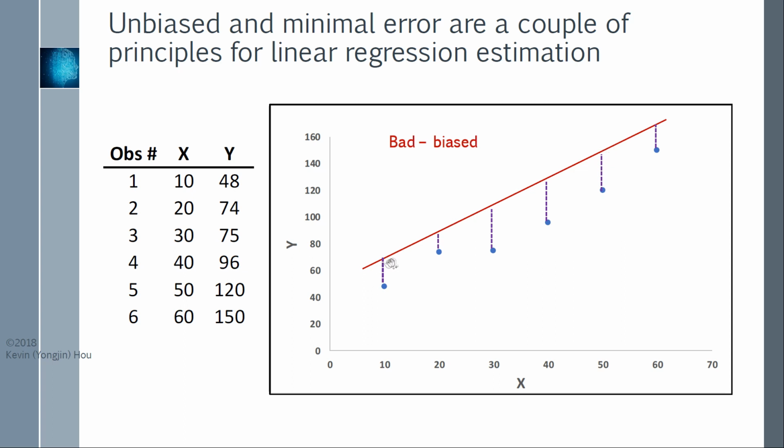So there's an overprojection by this particular line. Either overprojection or another line which is below, an underprojection, is a biased line. So that's why it's not good.